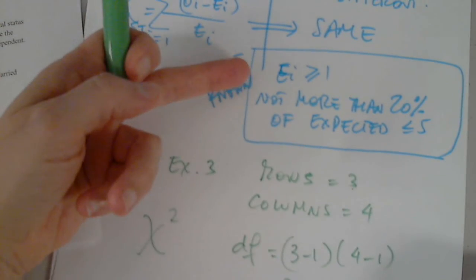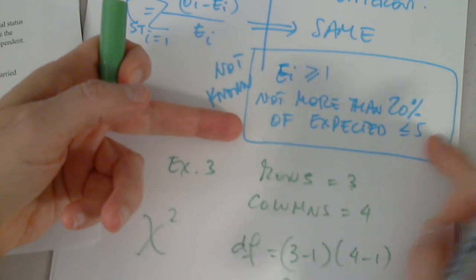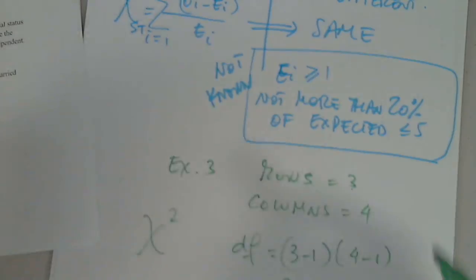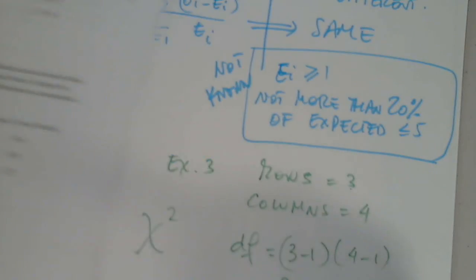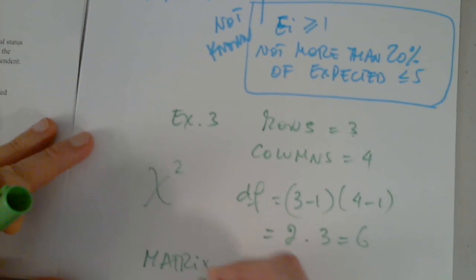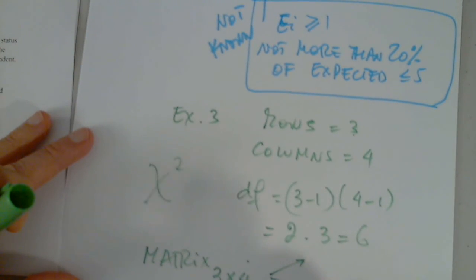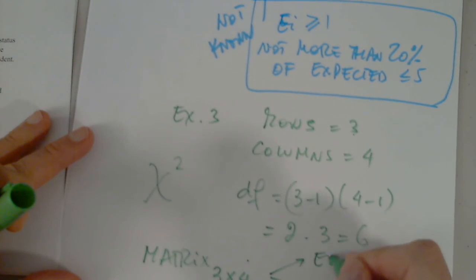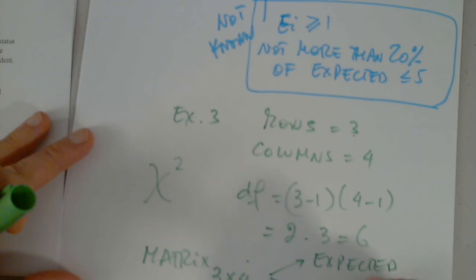Do I know that the expected counts are greater than or equal to 1? No. Do I know that not more than 20% of all the expected values, 3 times 4, are less than 5? It will be a matrix of 3 by 4. 2 different matrices to be exact. One for the expected and one for the observed.